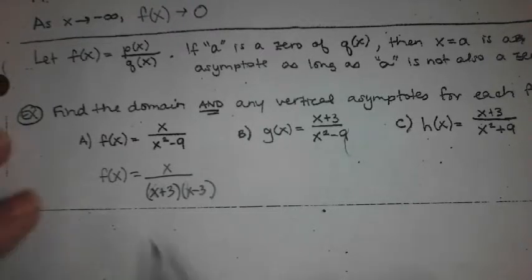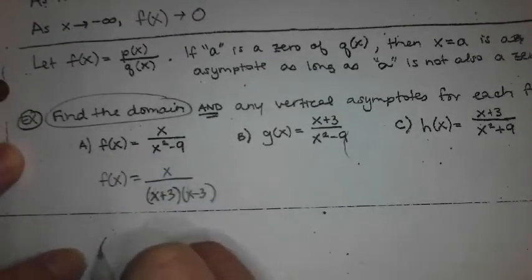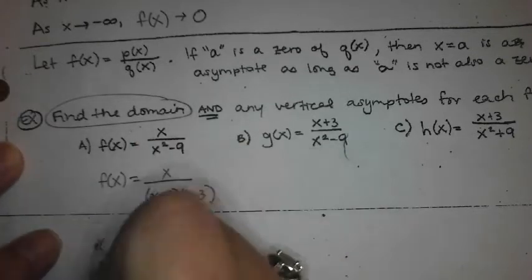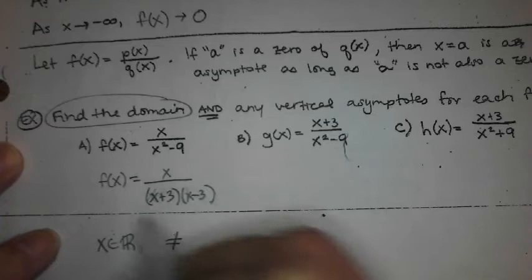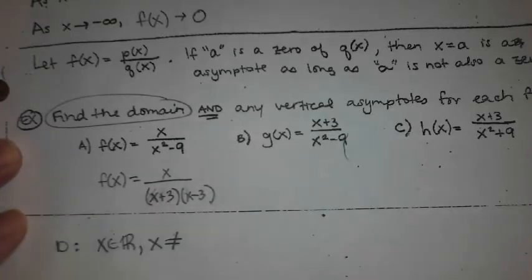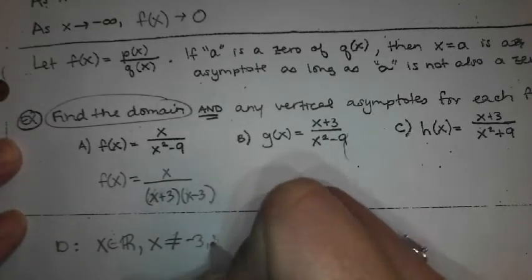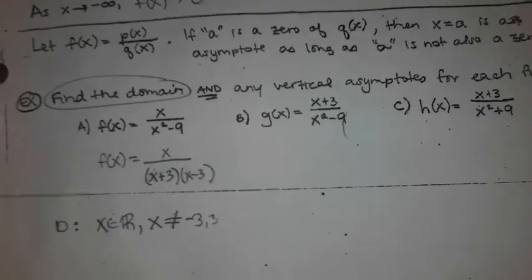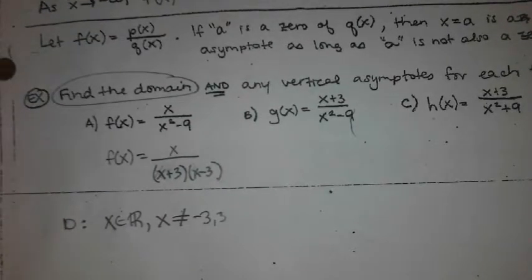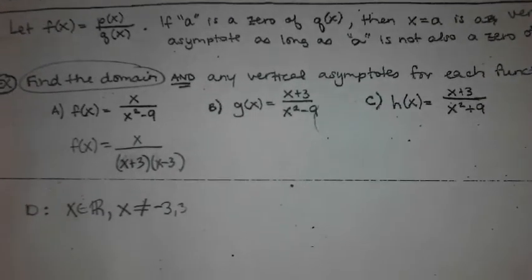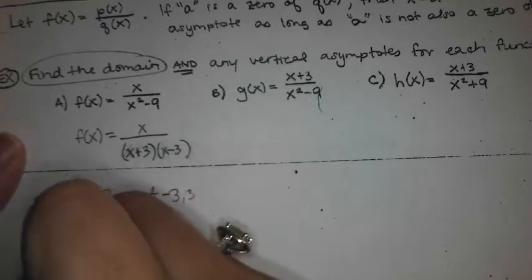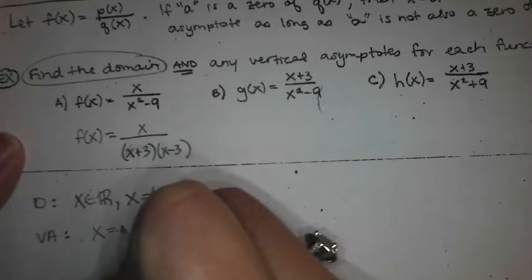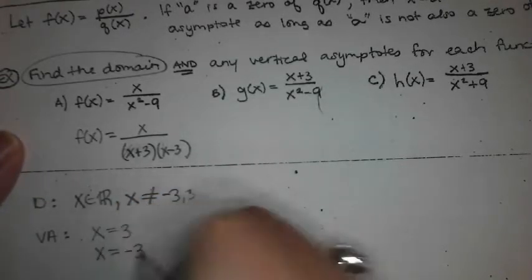Your excluded values, so your domain, is that x can be any real number, except x cannot equal what two numbers? -3 and 3. So that's my domain. And therefore, my vertical asymptotes are those numbers. The vertical asymptotes are at x equals 3 and x equals -3.